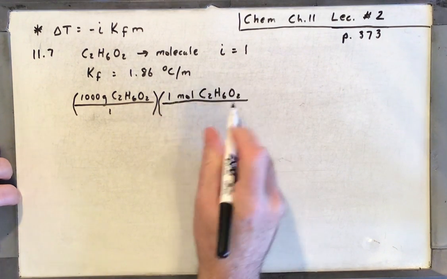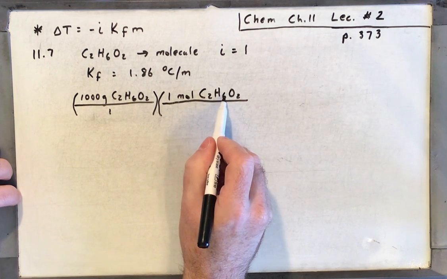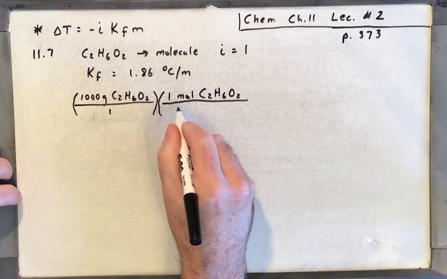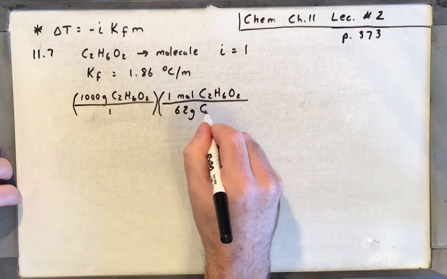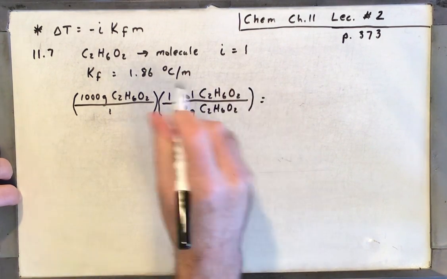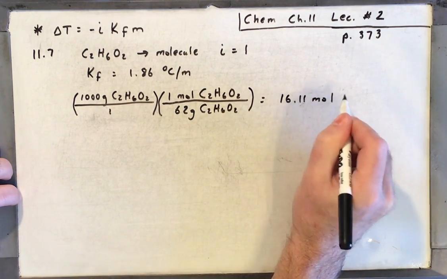If you add up C2H6O2, 12 times 2 on the carbons, plus 1 times 6 on the hydrogens, plus 2 times 16 on the oxygen, you'll get 62 grams. So 1,000 divided by 62 would be 16.11 moles.